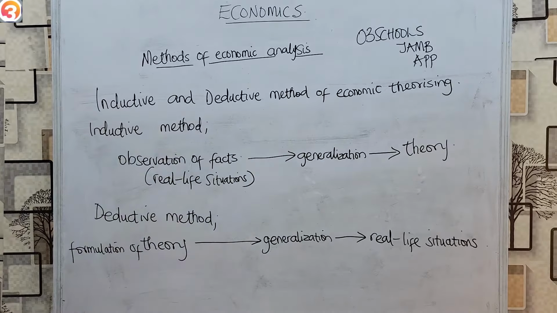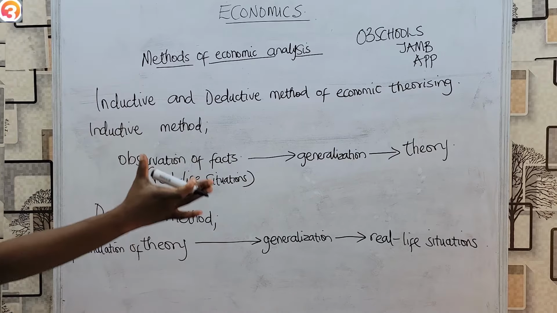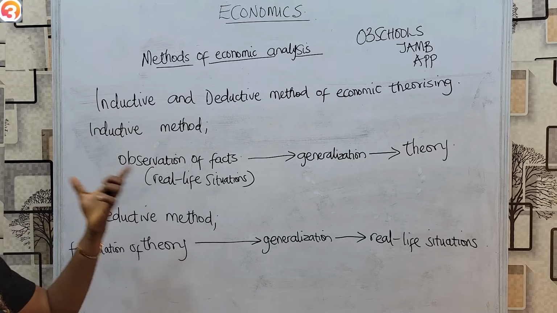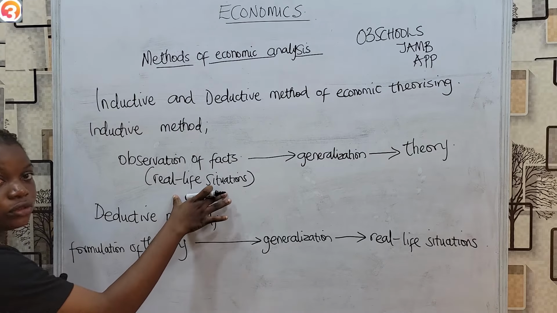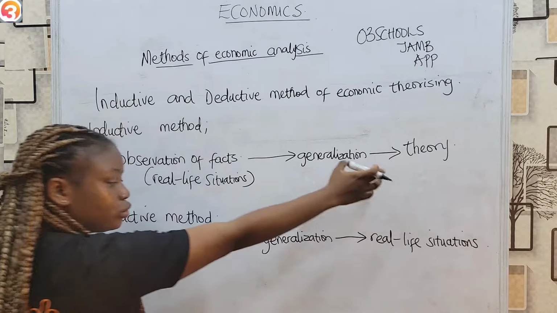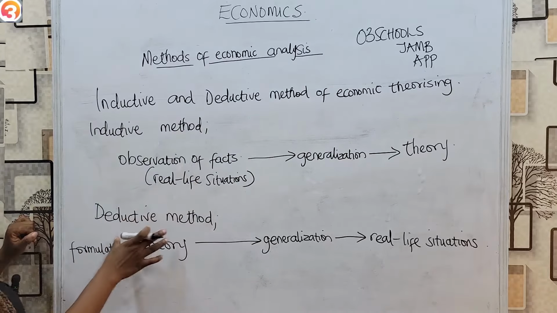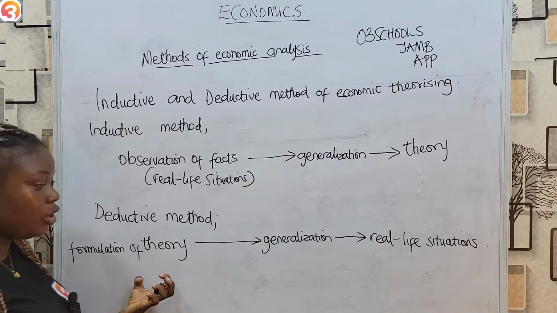So now we can see the inductive method of economic theorizing starts with the observation of facts. And when we talk about observation of facts, we're talking about observing real life situations before we generalize, and then we come up with a theory that suits the economy. But the deductive method starts with the formulation of theory.